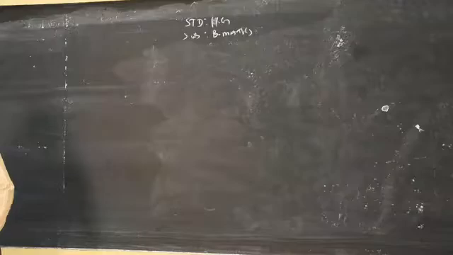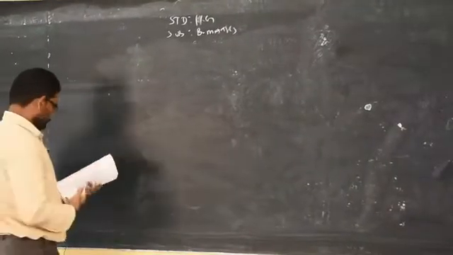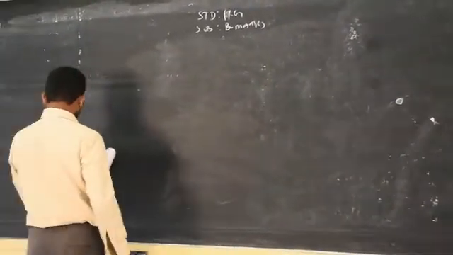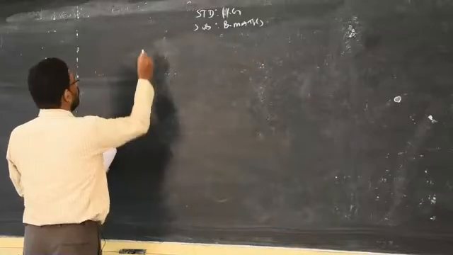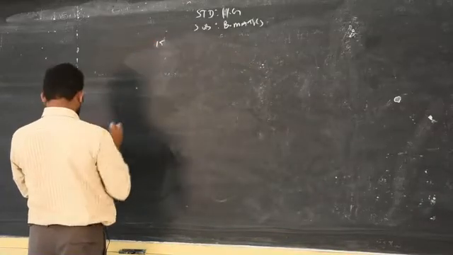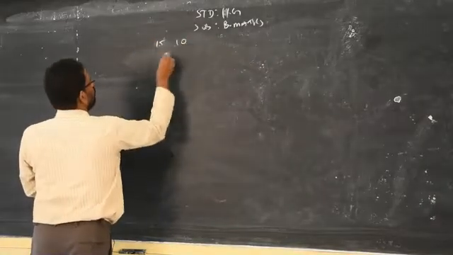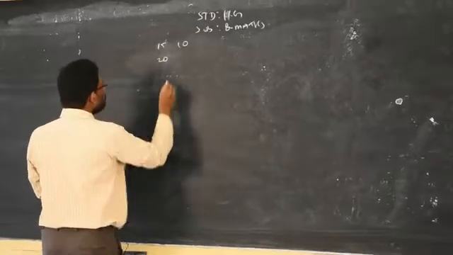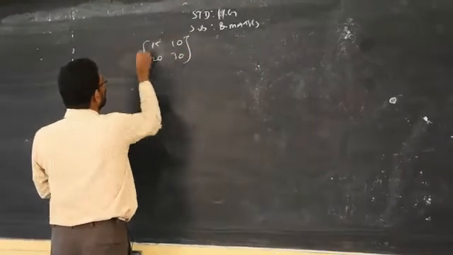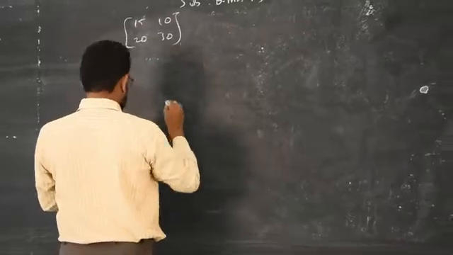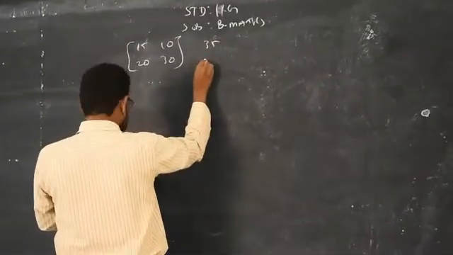Now sum number 7. It is given the matrix 15, 10, 20, 30. The output is given as 35, 65.